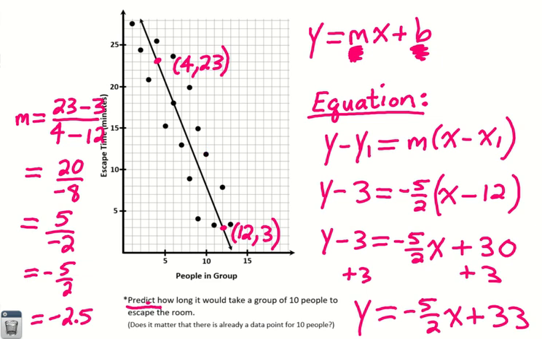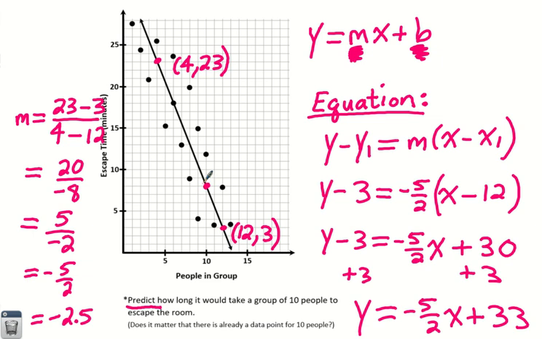So there was a group of 10 that was surveyed, and it looks like they said about 12 minutes, or almost 12 minutes, whatever this dot says right here, right? But hey, if we were going to predict another group of 10 people, we would go with the line of best fit as a predictor.